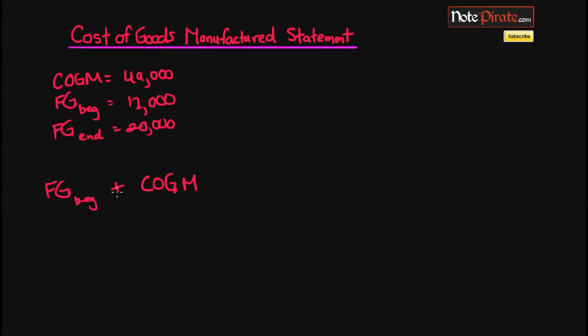That's why we're adding the two to actually get available finished goods. And then we're going to subtract any finished goods ending inventory to get our cost of goods sold.